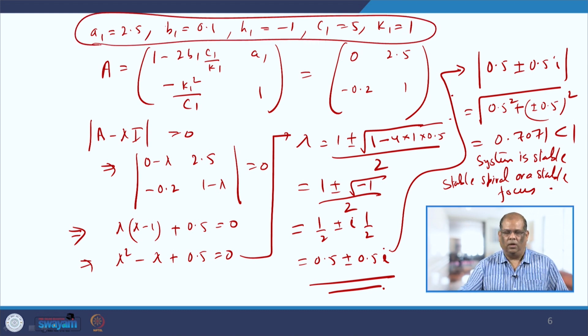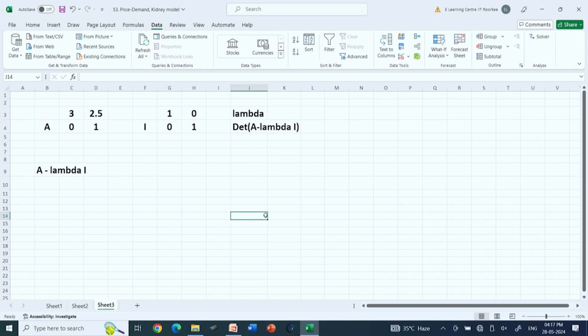Now let us look into the numerical solutions and visualize the graph with the help of a Microsoft Excel spreadsheet. So I already have the spreadsheet open. Now this is one small technique which I would like to show, if you want to calculate eigenvalues with the help of Microsoft Excel, this is what you have to do.